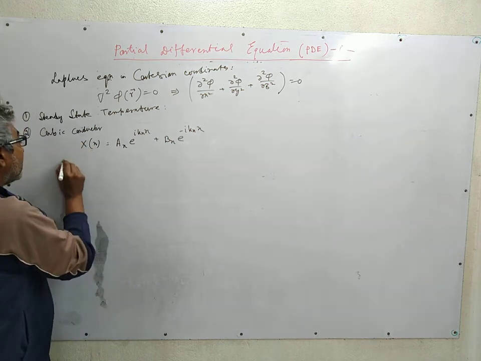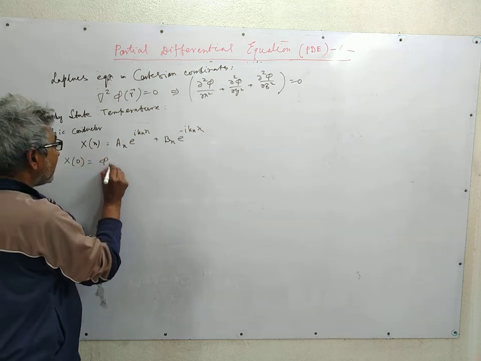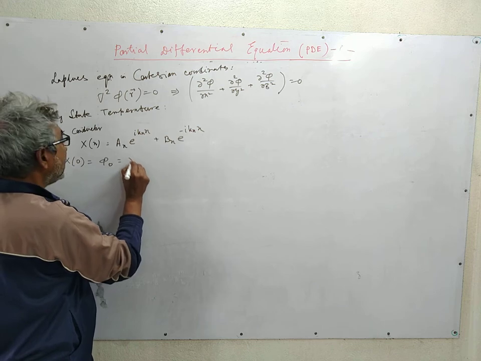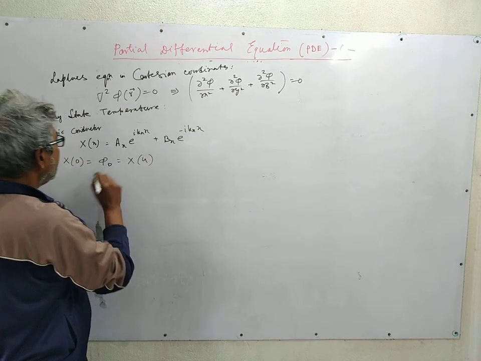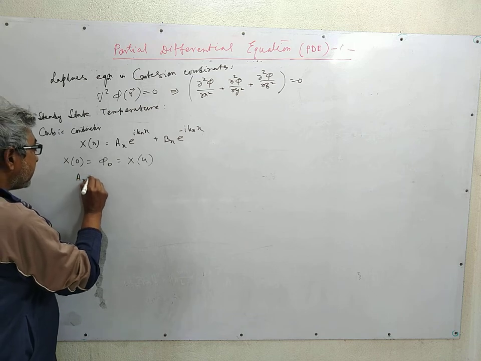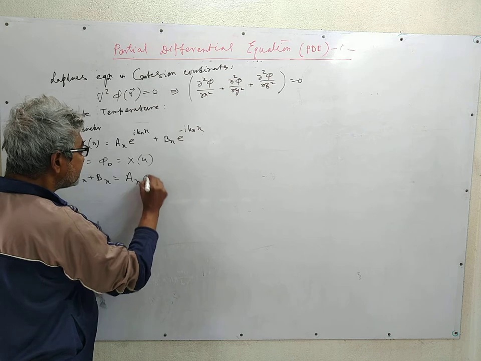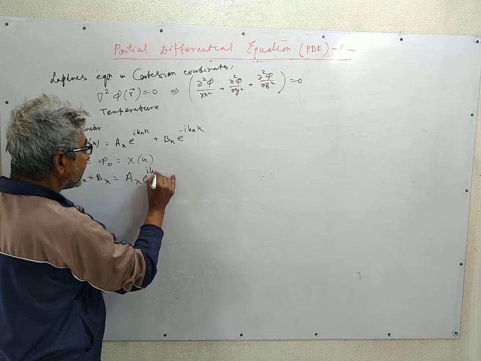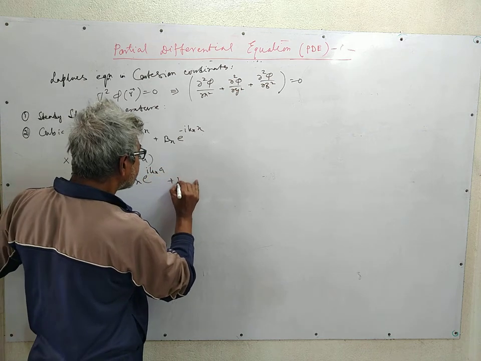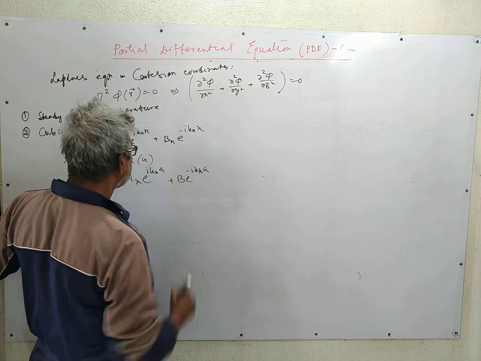The boundary condition is that X at x is equal to 0 is phi 0, which is equal to X at a. If we apply this, we get ax plus bx is equal to ax e to the power i kx a plus bx e to the power minus i kx a.